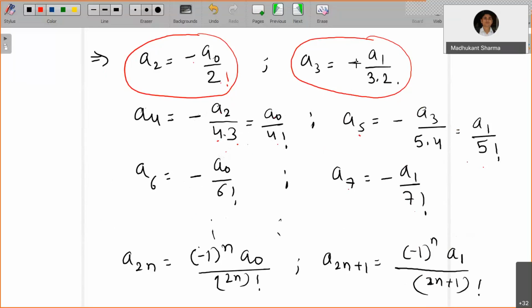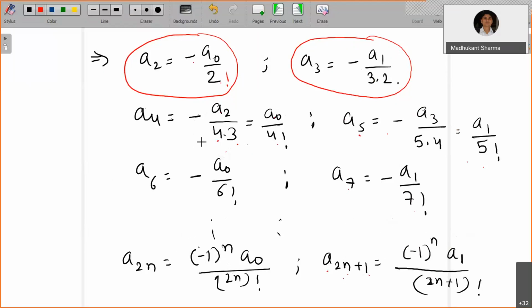Also a3 has a negative sign, a5 positive, a7 negative, a9 positive, and so on, so alternating plus minus. That is minus 1 to the power n when the suffix is 2n plus 1. So n equals 1 makes 2n plus 1 equal 3, and you have minus 1; n equals 2 gives minus 1 square, so a5 has a positive sign, and so on. This needs to be fit carefully here.